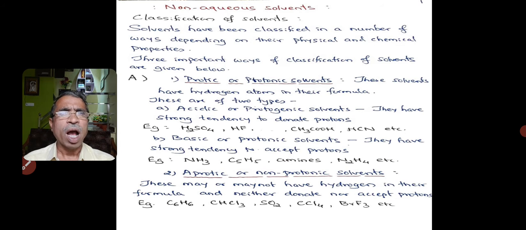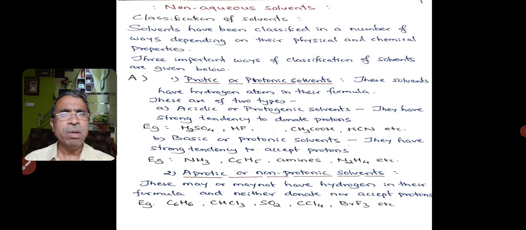Protogenic solvents have strong tendency to donate protons. Examples: sulfuric acid, hydrofluoric acid, acetic acid, hydrocyanic acid, etc. The protophilic or basic solvents have strong tendency to accept protons.